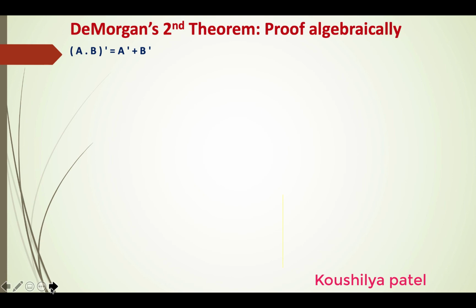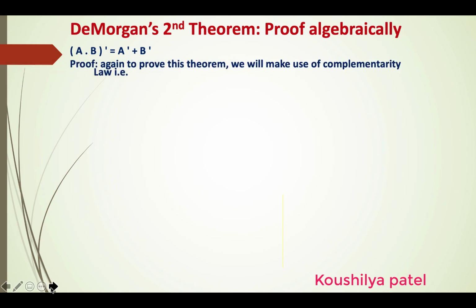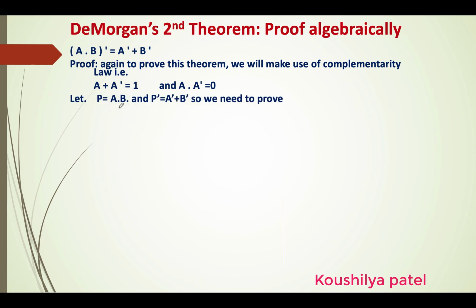Again we have to make the assumptions. We know that as per the complementary law, A plus A dash equals 1 and A into A dash equals 0. So let P equal A into B, and P dash will become A dash plus B dash.